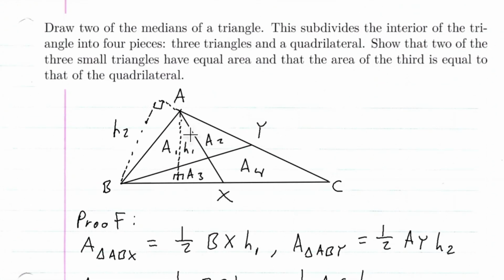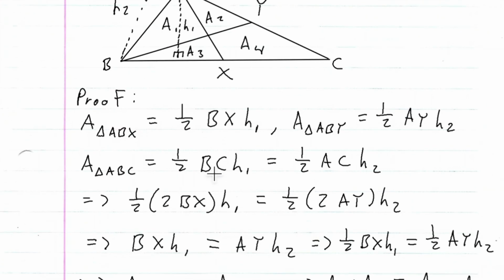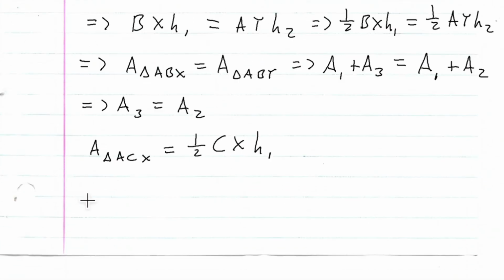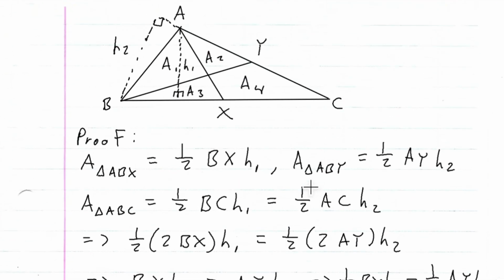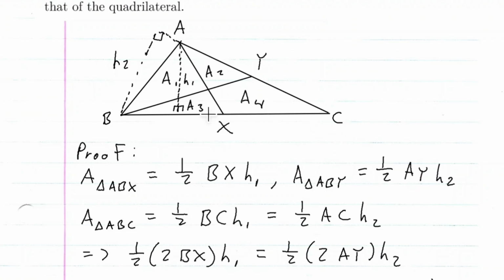This implies that the area of triangle ACX is equal to 1/2 CX times H1, but we know that CX is equal to BX because AX is a median.